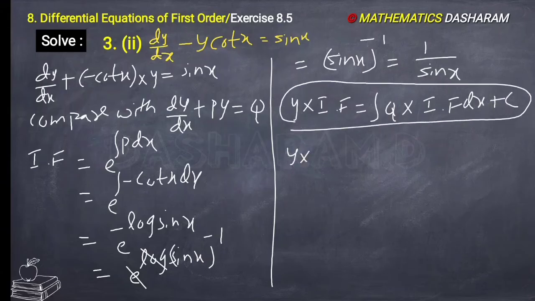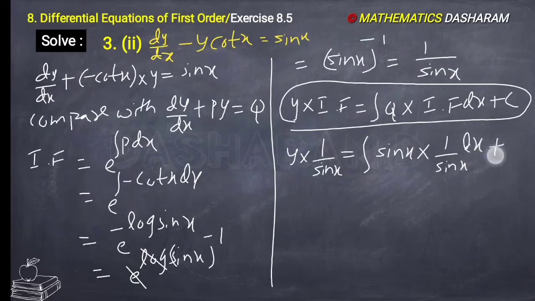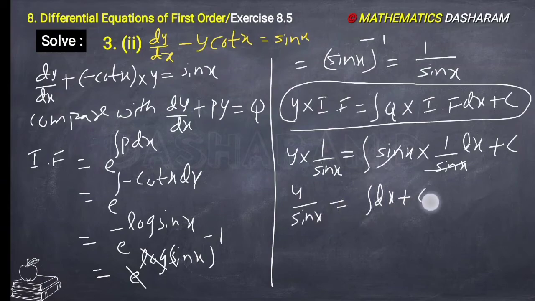So y into the integrating factor 1 by sin x, integration of q, here sin x, into the integrating factor 1 by sin x dx plus c. Both cancel. y by sin x equals integration dx plus c. So y by sin x equals x plus c is our required answer.